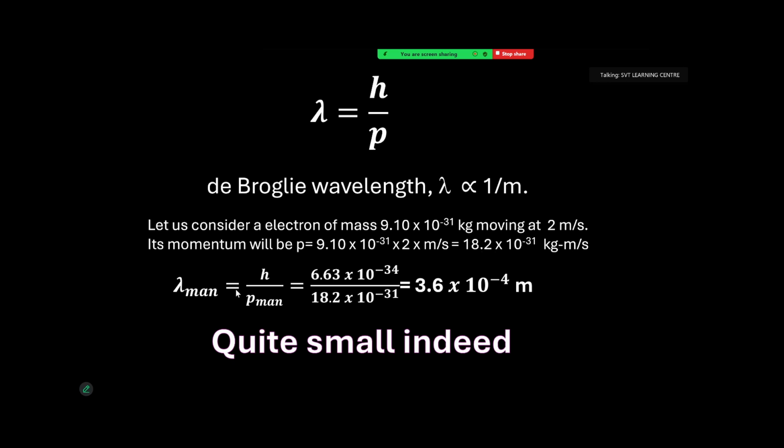Key in the values for lambda, and now see, the lambda is something that could be visualized or measured. It is 3.6 into 10 raised to minus 4 meter. So even though it is small, it's not that small, it is measurable.